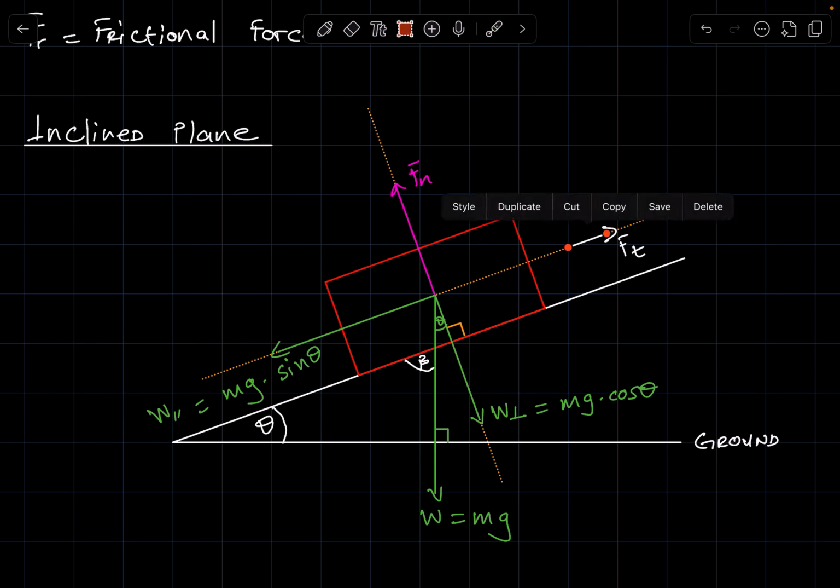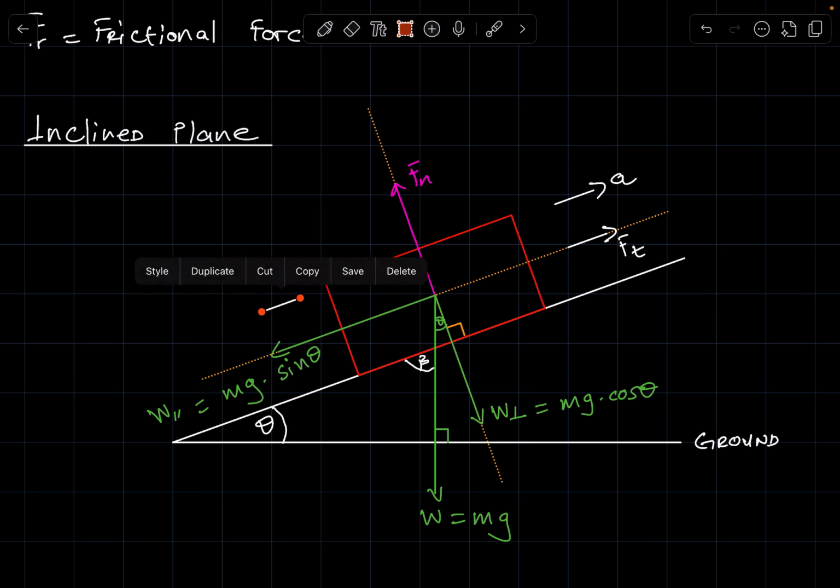If that's the case, it means that the acceleration will be in that direction, and as the object moves up the incline, because the motion is in that direction, it means the frictional force, which always opposes the motion, will be in this direction.